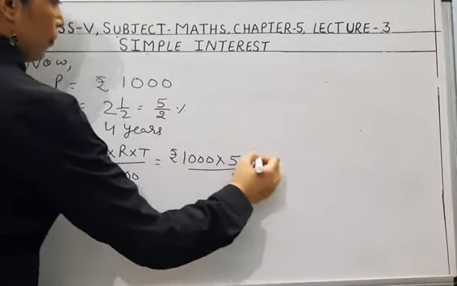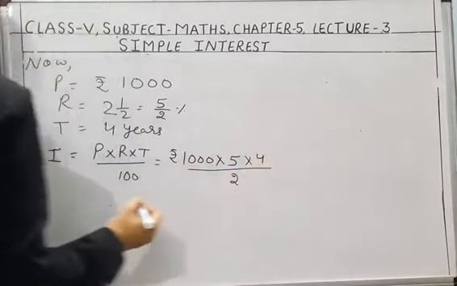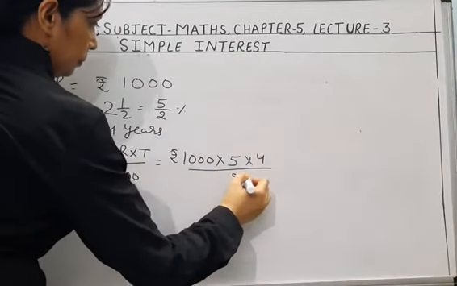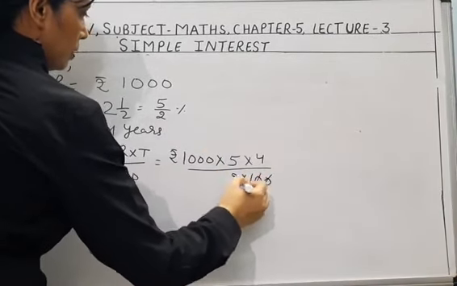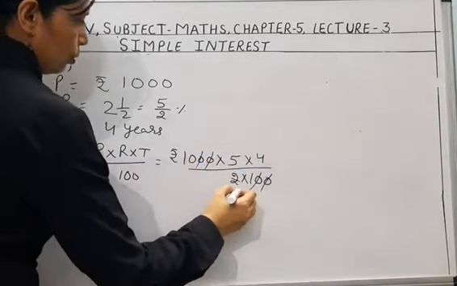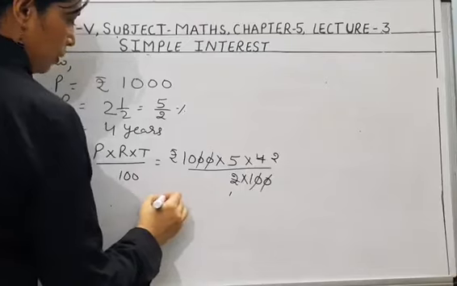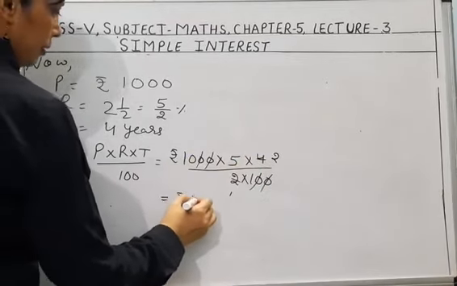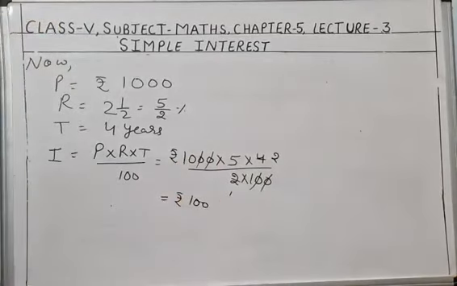Into time 4 years upon 100. Cancel these zeros first. 2 ones are 2, 2 twos are 4. Now what is left? 5 twos are 10, 10 tens are 100. So you have got your interest is rupees 100.